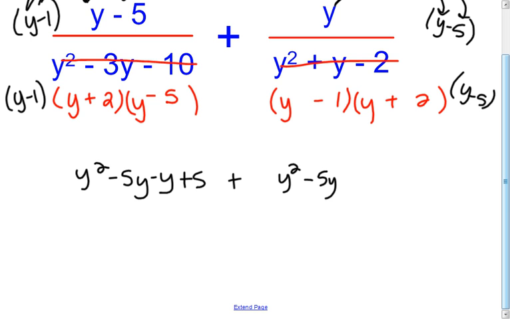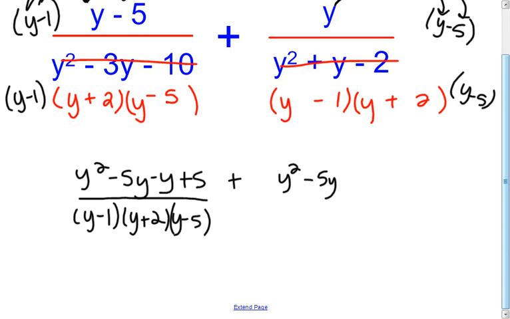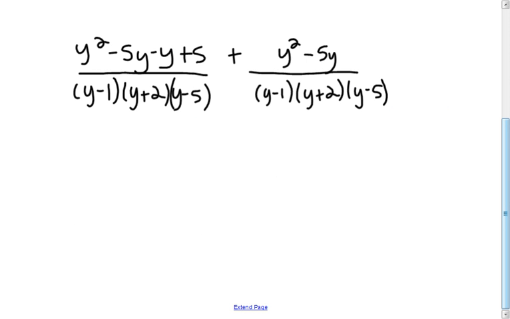Okay, in both cases, your common denominator is y minus 1, y plus 2, and y minus 5. Okay, then we need to put this all together in one fraction.